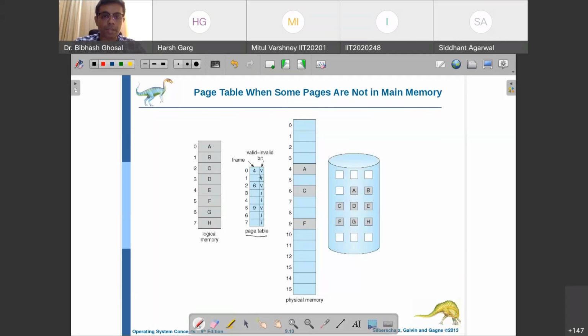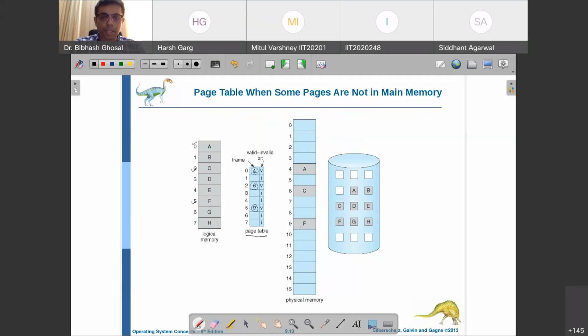Look at the page table content. You have frame number 4, frame number 6, and frame number 9. These map to page number 0, page number 2, and page number 5: A, C, and F. A is frame number 4. C is frame number 6.